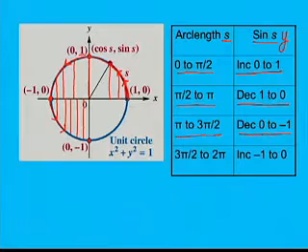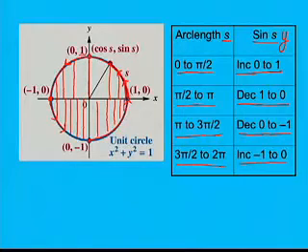And finally, as we move from 3 pi over 2 to 2 pi, the y value will increase from -1 up to 0. The y values are increasing in the sense that they are getting closer and closer to the value of 0.